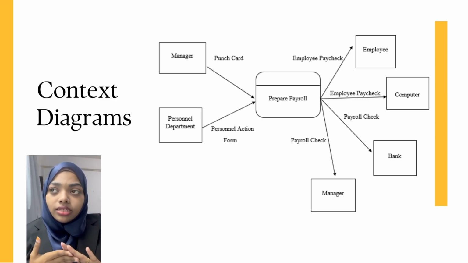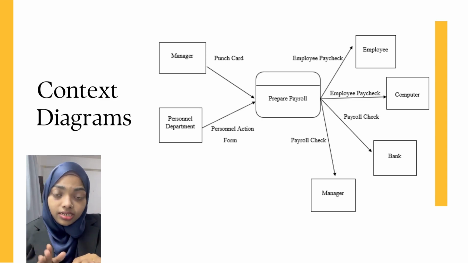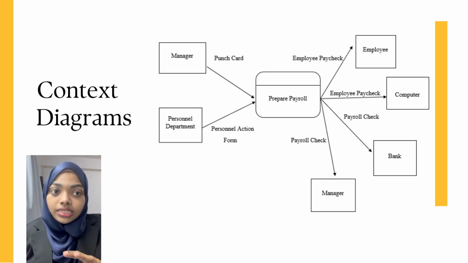So here we can see that the context diagram is the highest level of DFD, which means by this context diagram we can illustrate the data processing system and the external entities that are the source of its input, which we can see here are the manager and the personnel department, to its destination of its output in the payroll system.